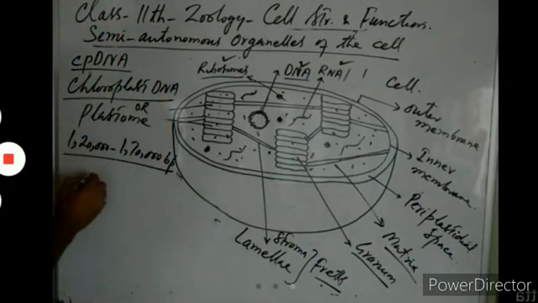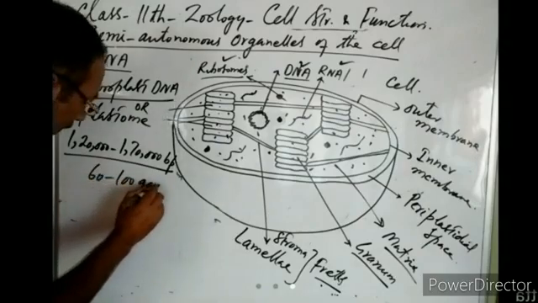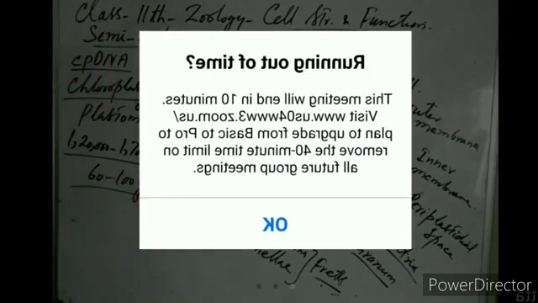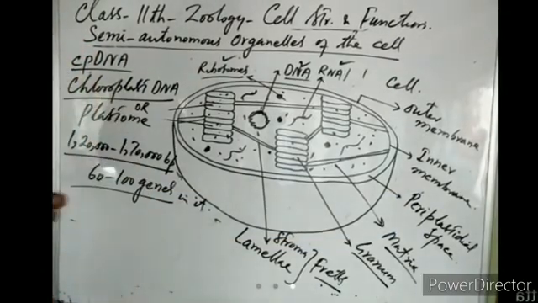Okay, and it has got some 60 to 100 genes in it. So the DNA of chloroplasts is written as cpDNA, chloroplastidial DNA, or we also call it plastome. It is formed of 1,20,000 to 1,70,000 base pairs. It may contain some 60 to 100 genes in it, right?